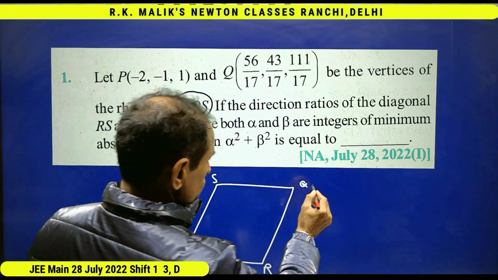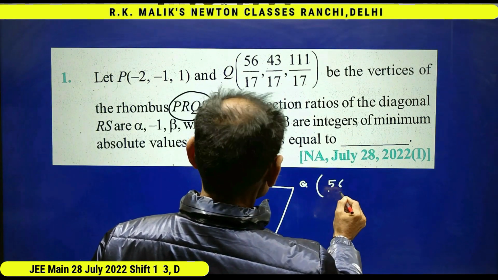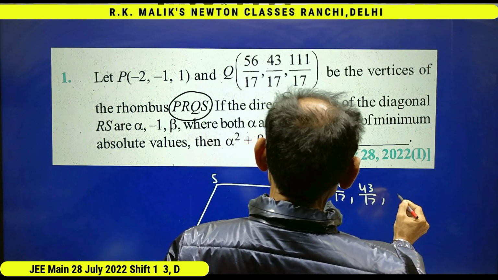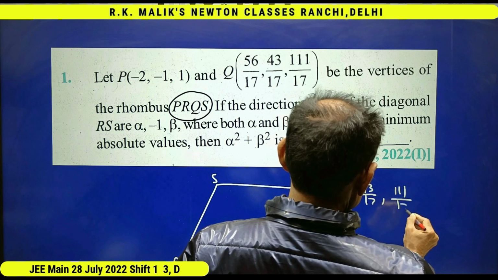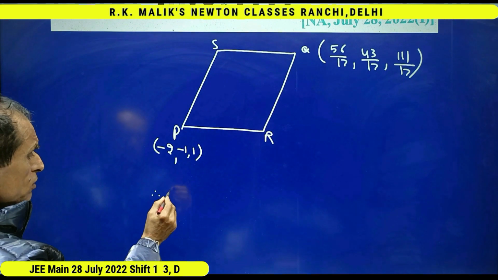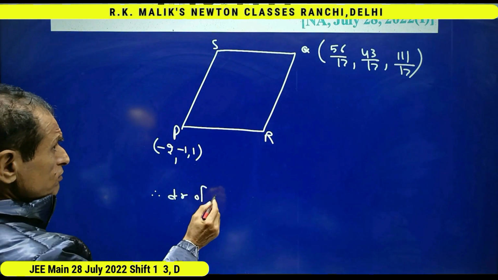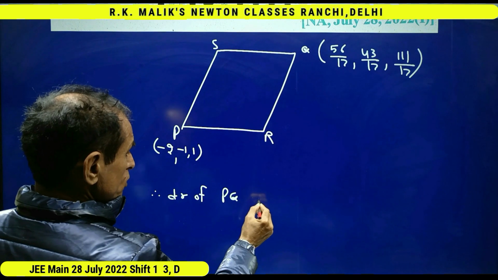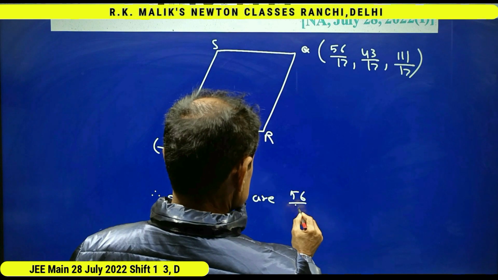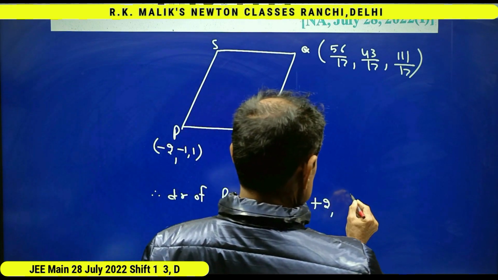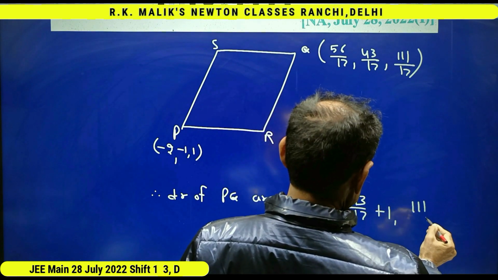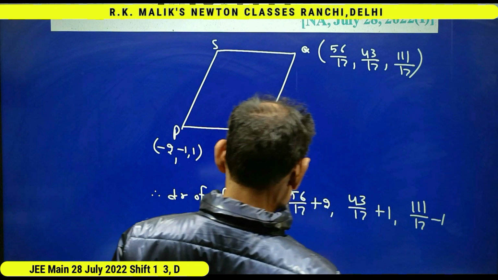The point Q is (56 by 17, 43 by 17, 111 by 17). Therefore the direction ratios of PQ are 56 by 17 plus 2, 43 by 17 plus 1 and 111 by 17 minus 1.